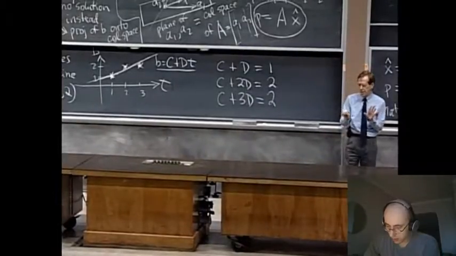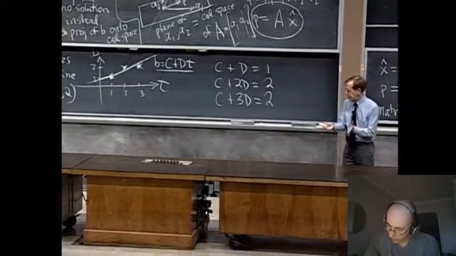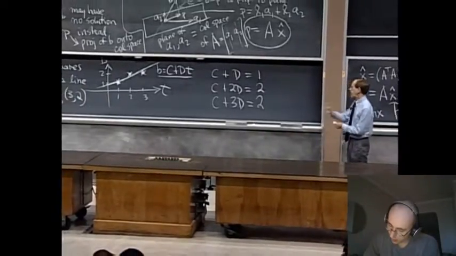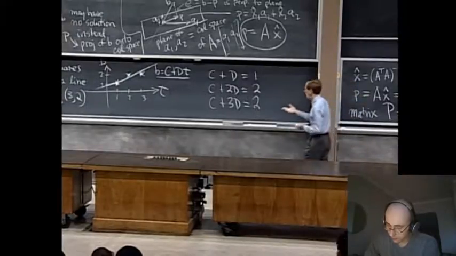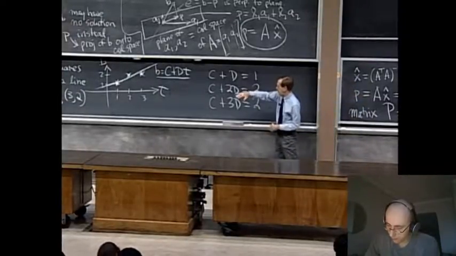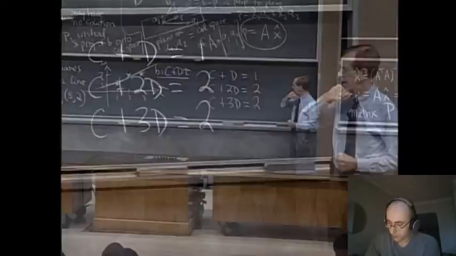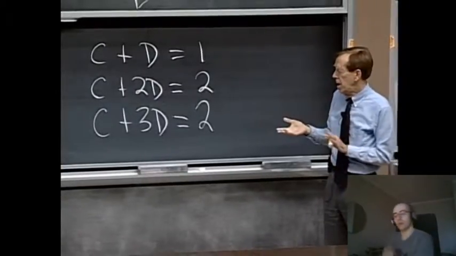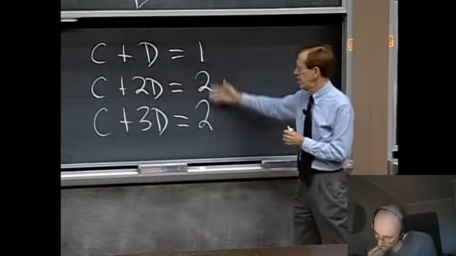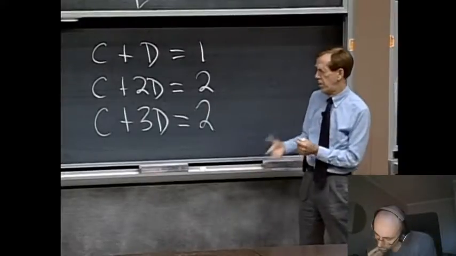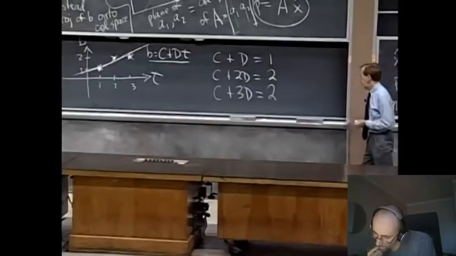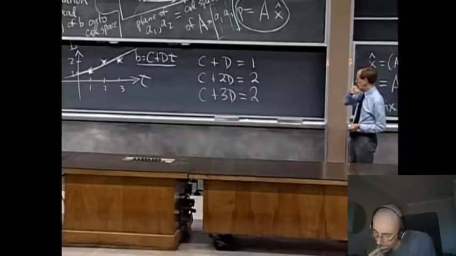That's the key: to write down what equations we would like to solve but can't. If we could solve them, that would mean we could put a line through all 3 points. Of course, if these numbers 1, 2, 2 were different, we could do it. But with those numbers 1, 2, 2, we can't.